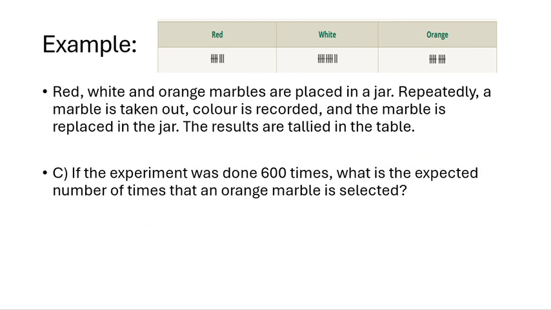Now, finally, if the experiment was done 600 times, what is the expected number of times that an orange is selected? Okay, so let's go based off what we got here. Let me just rewrite the amount of marbles.